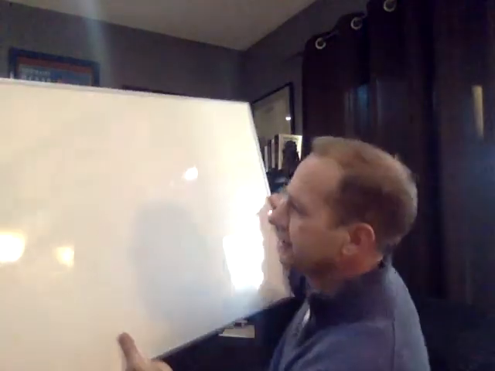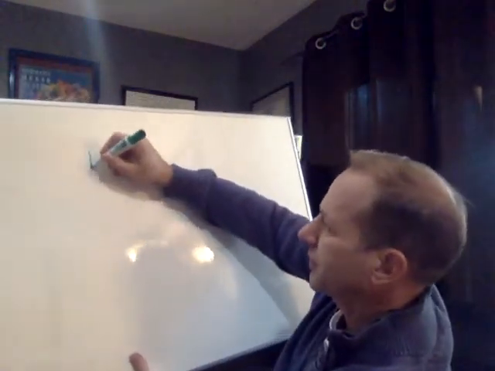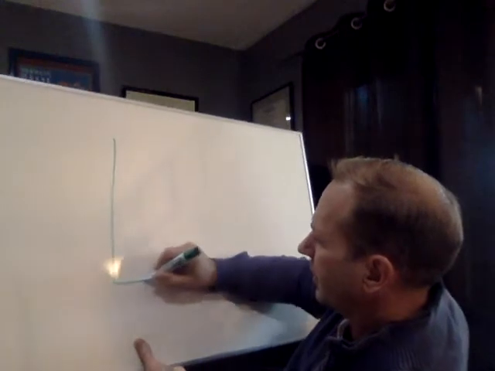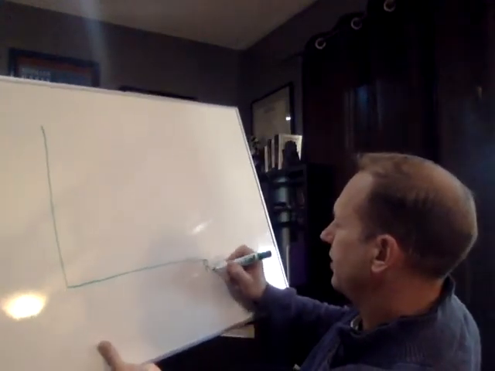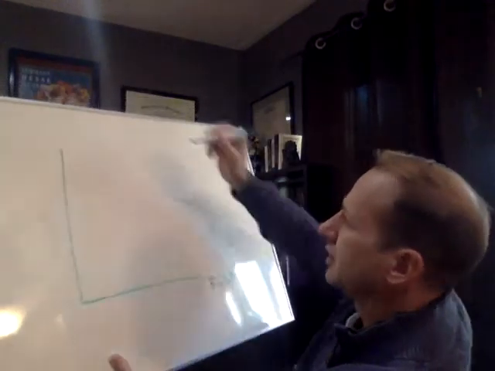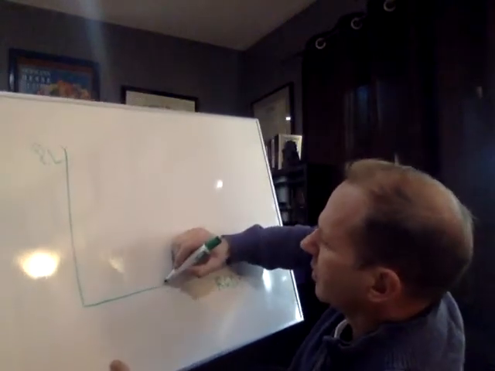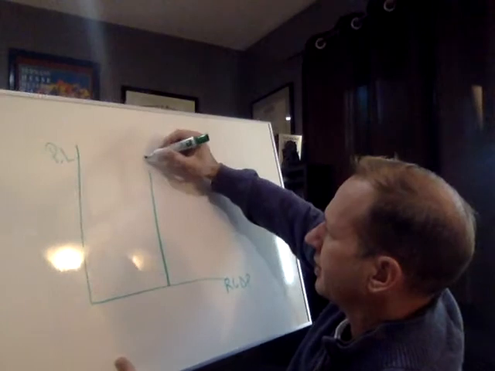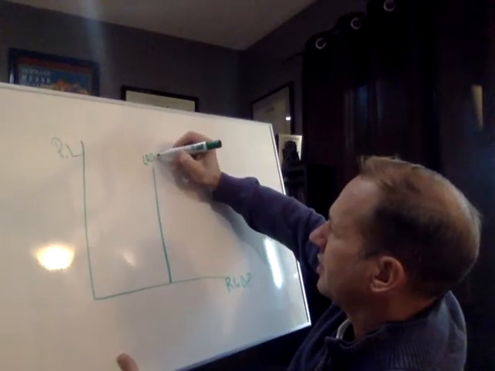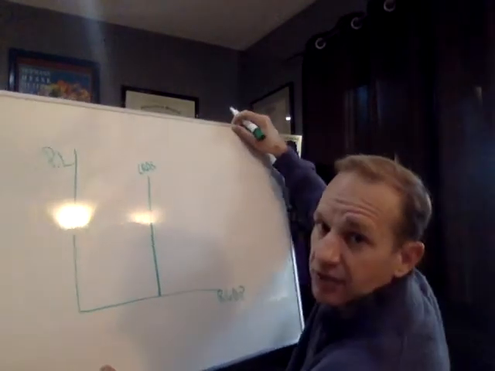Here we are. I'm going to draw the aggregate supply aggregate demand framework. This is a good reminder of what this looks like. So with this framework, what we're talking about is real output down here and the price level up here. Long-run aggregate supply is a vertical line because that represents the productive capacity of the economy.